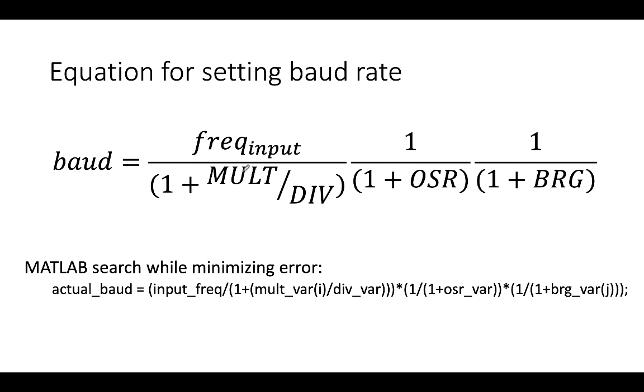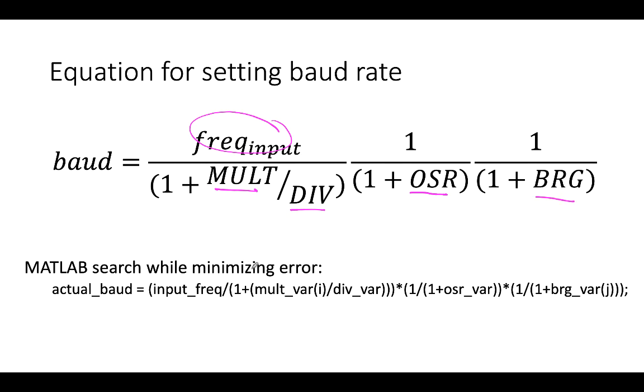The equation for doing this is basically your input frequency, like 12 megahertz, divided by 1 plus the multiplication register, divided by the dividing register, multiplied by 1 plus the OSR, the oversampling register, and multiplied by, on the divisor, 1 plus the baud rate generator.